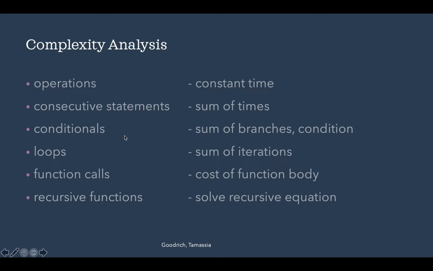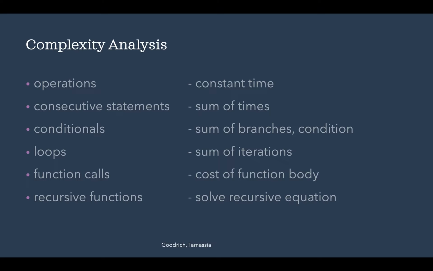Then conditionals: you will have a true block and a false block. You find the time complexity of both blocks, and whichever takes the maximum time, based on that the worst case time complexity is computed.